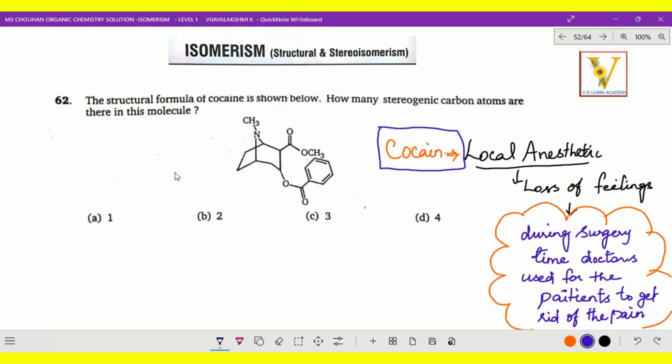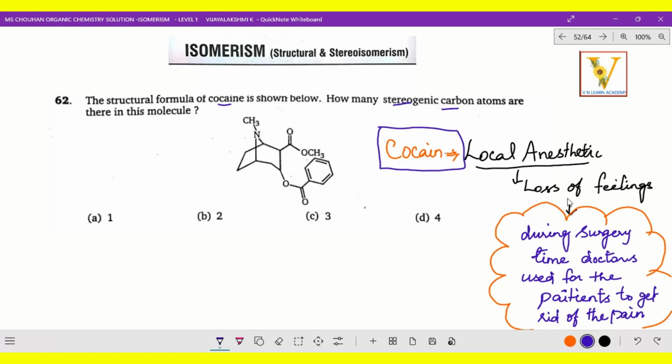It's very simple. The structural formula of cocaine is shown below. How many stereogenic centers, that means how many stereogenic carbon atoms, are there in this molecule? First and foremost, I would like to mention cocaine. Cocaine is a medicine, a local anesthetic.